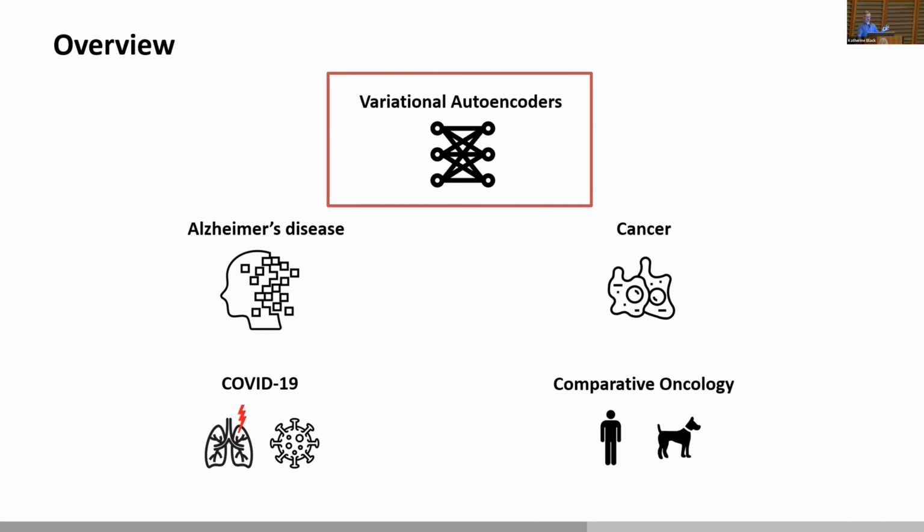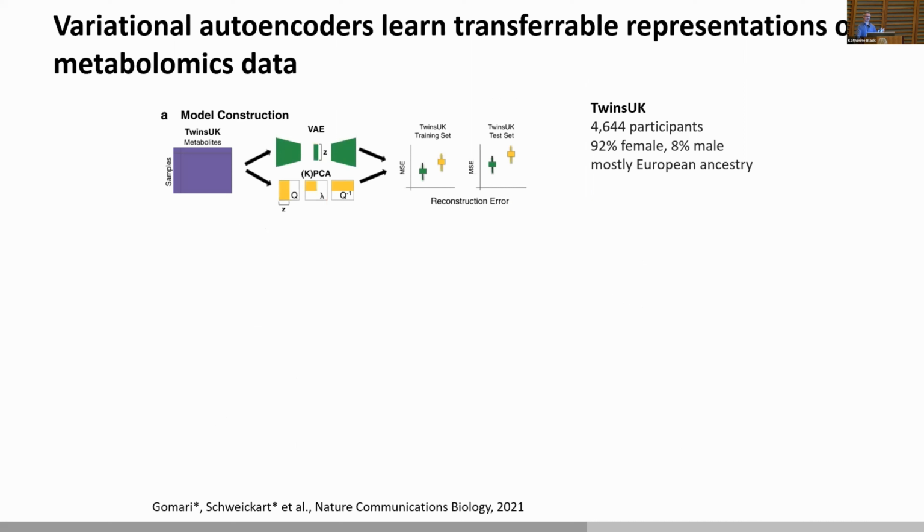The first one, which is not disease focused and sounds very technical, but has an interesting angle of cohort metabolomics analysis in it, is the project we recently published on variational autoencoders. Just to give you a brief introduction, the autoencoder is vaguely in the field of deep learning, although technically these networks are not even that deep, but it's a network-based type of machine learning model.